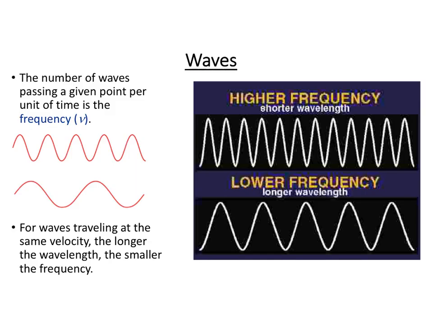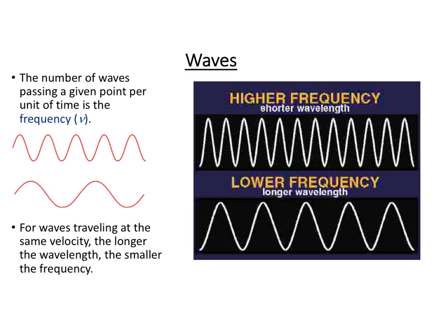All right. Frequency is basically the number of waves that pass a given point for a unit of time. Okay, so essentially, if this is a characteristic time, like maybe say this is 1 second right here, all of this is going on in 1 second.